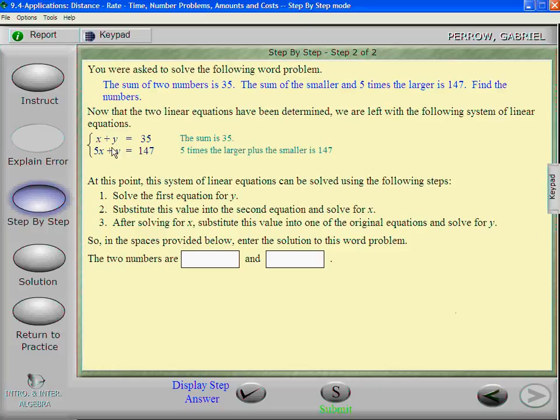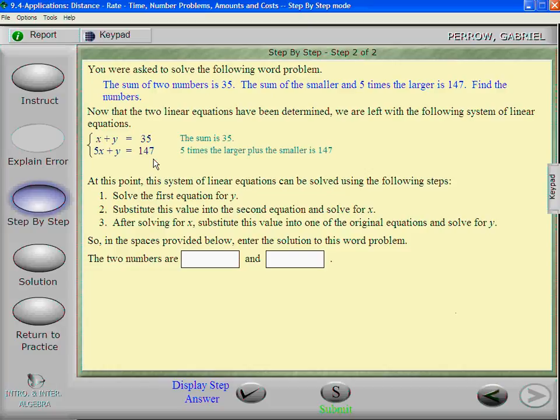That's not a bad option there, and it would leave you with 4x here, and when this 35 becomes negative and gets added to 147, it's really being subtracted from 147. Ultimately, you'd end up with 112. So you could work it out from there and say 4x equals 112.